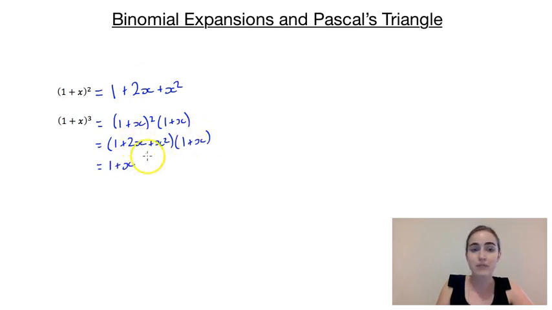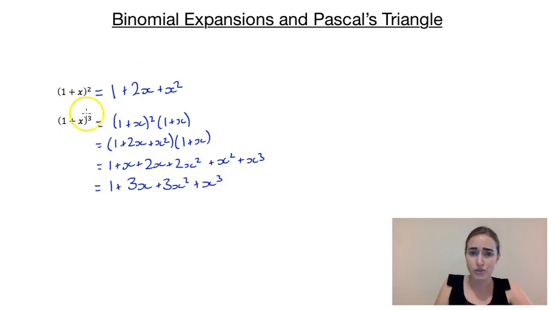Multiplying everything in the second bracket by the 2x, we'd have 2x plus 2x squared, and then multiplying everything by the x squared, we'd have x squared plus x cubed. And then we'd have to collect all those terms. So we'd have 1 plus 3x plus 3x squared plus x cubed.